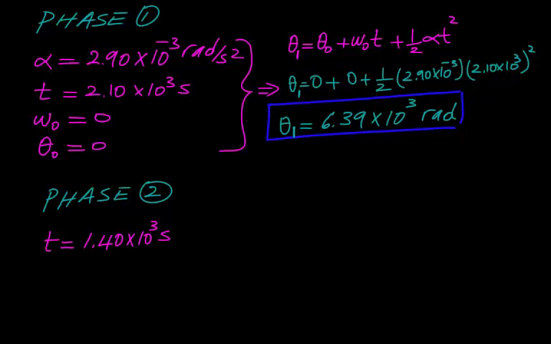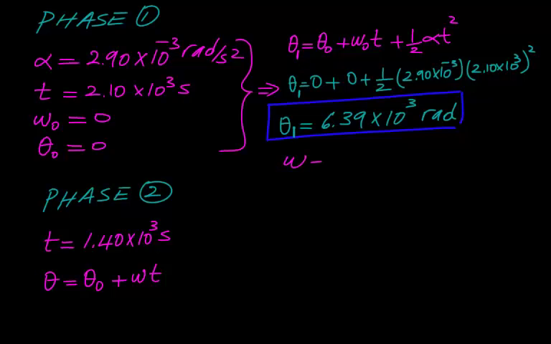Now, in order to solve for the angular displacement, there is only one way to do so, which is theta equals theta 0 plus omega t. We know that theta 0 is going to be 0, but we need the omega. Do you know how we get this one? The omega during the second phase is the final omega in the first phase. Therefore, we need to go back to the first phase and solve for the final angular velocity.